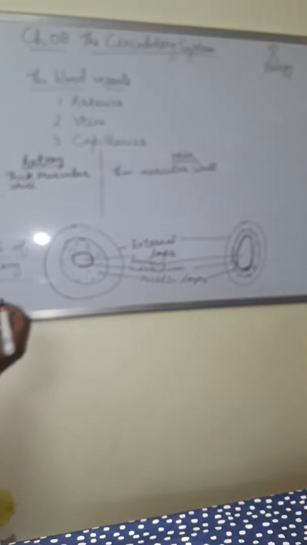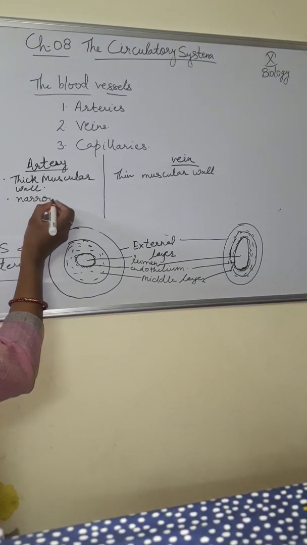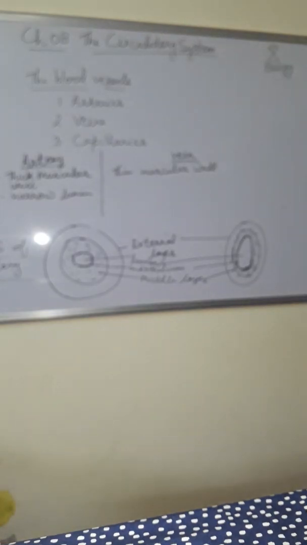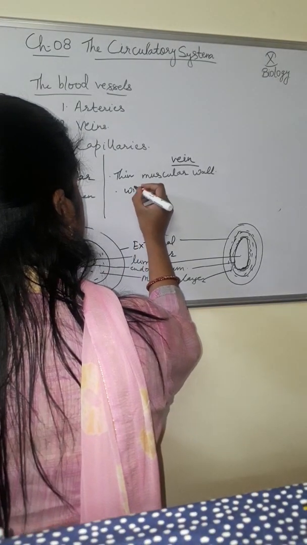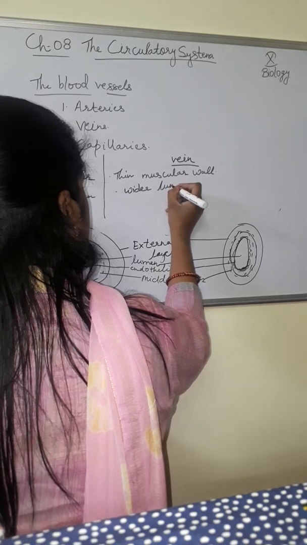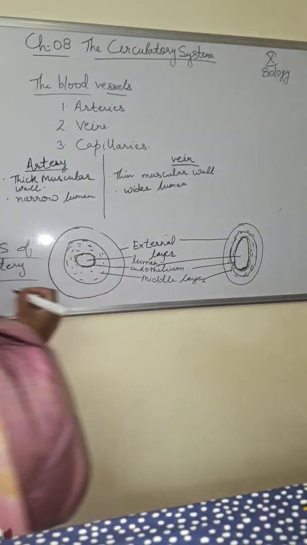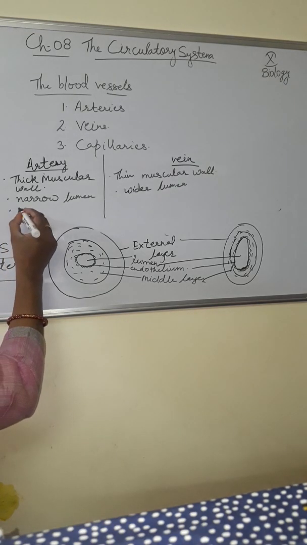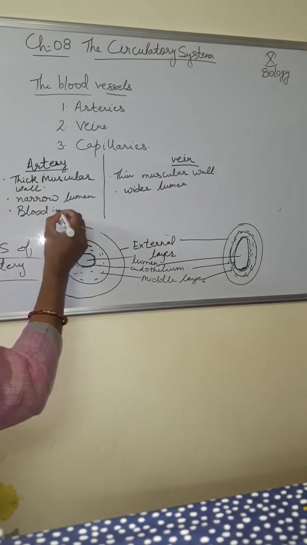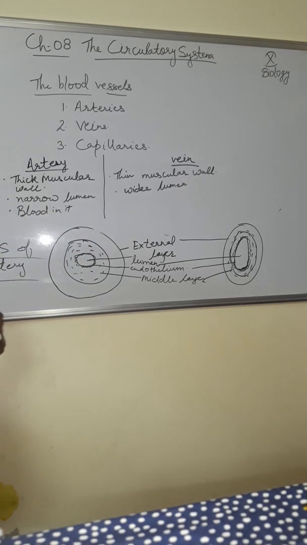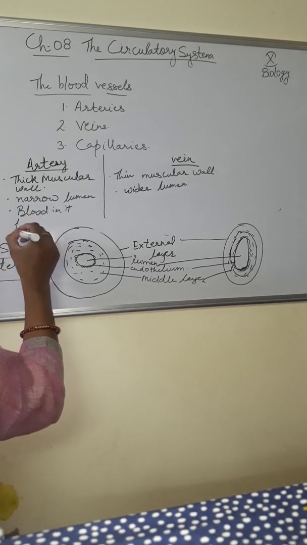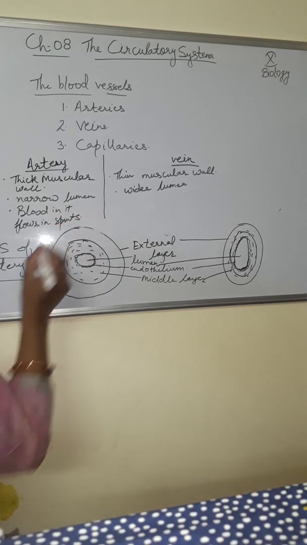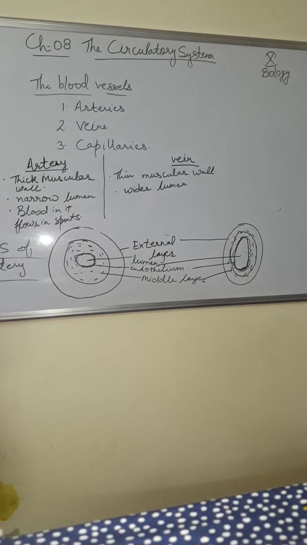Second, narrow lumen, now second one wider lumen. Blood in it flows in spurts, which corresponds to the ventricular contraction of the heart.